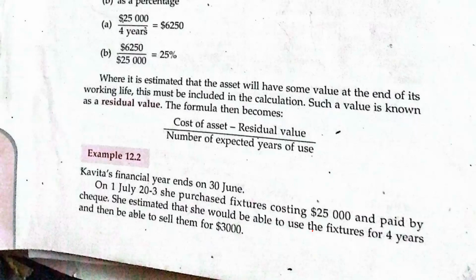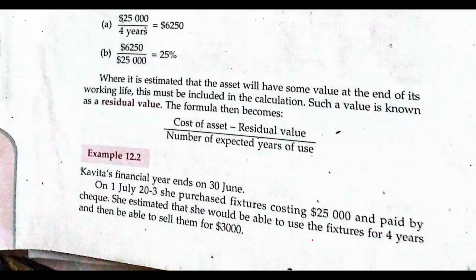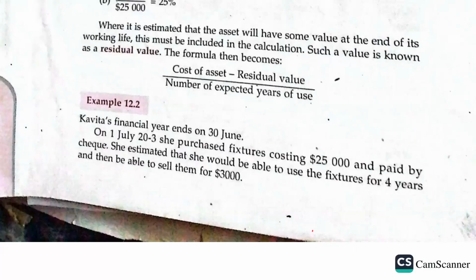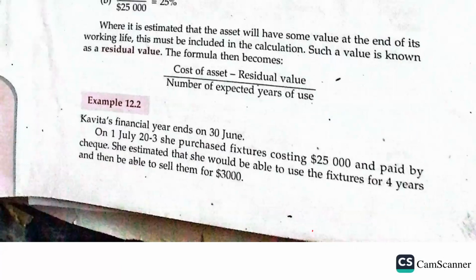That will give you depreciation. That is in the case where you have the resale value. You're told the cost of the asset, and you're also told that this very asset can still be resold at this value.